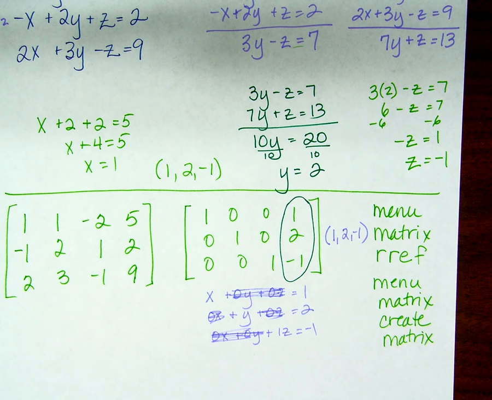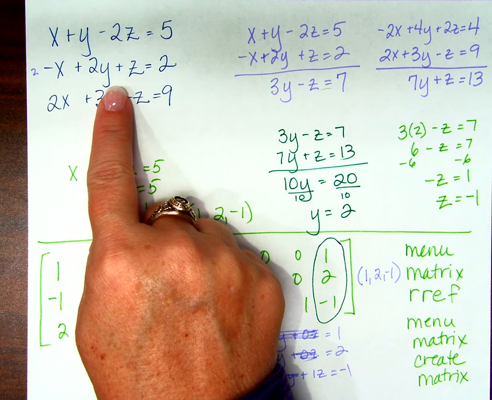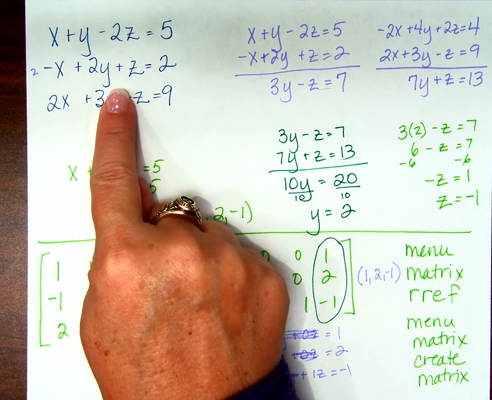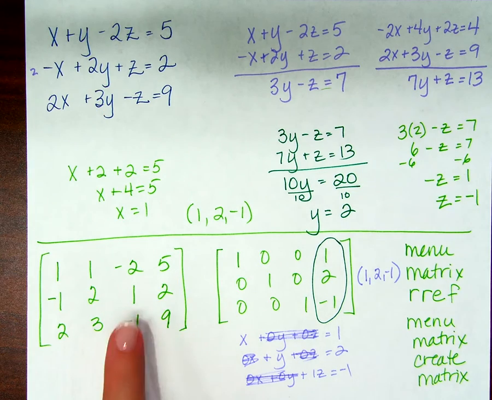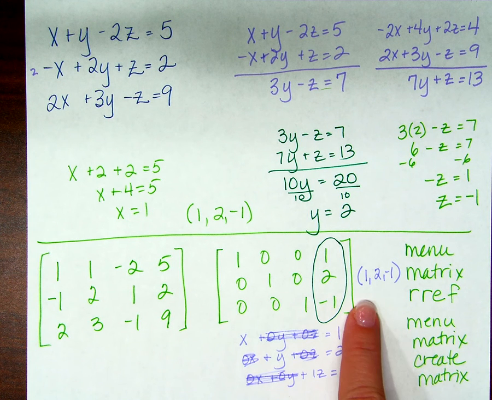So, just so we're clear, we still have some more stuff to talk about, but I just need to be clear for you. When you're doing homework problems or problems on a quiz or problems on a test, you have the problem written down, you have your coefficient matrix written down, you have your answer matrix written down, and you have your answer. If you want full credit, you'll have all four of those things. Does everybody understand?